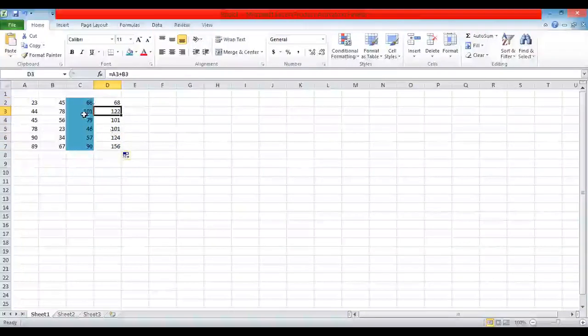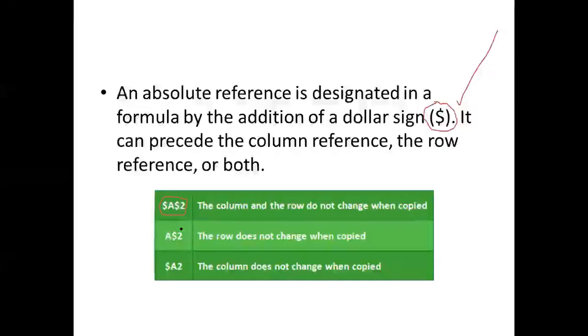So this is how the two are different. Okay, so they are different. So you can refer maybe like this particular one, which is just referencing the row does not change. And then maybe this one, the column does not change.